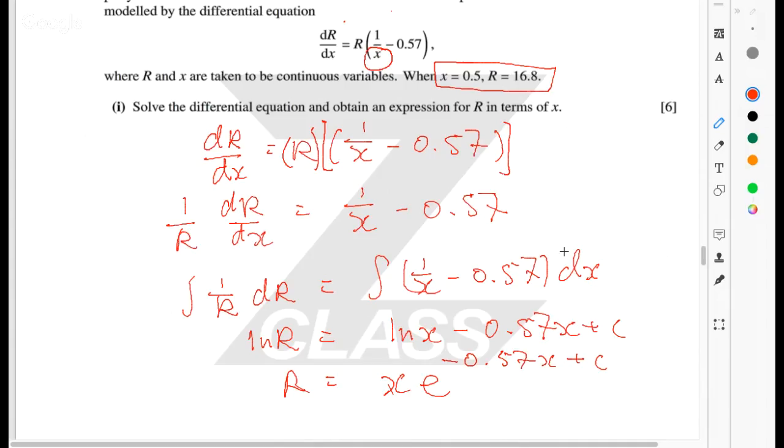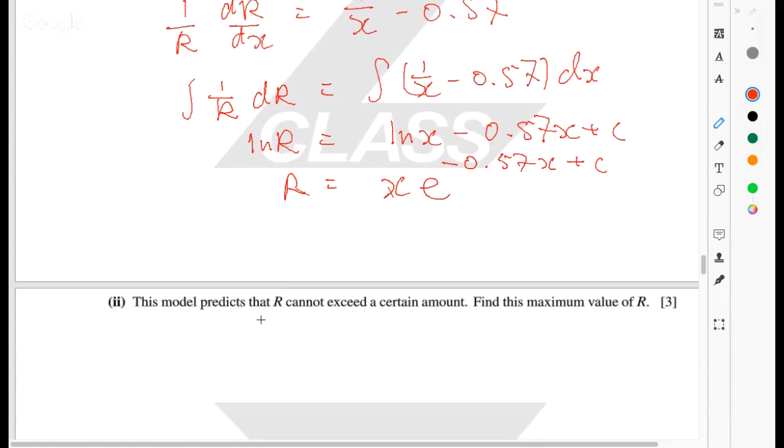And here we're just plugging in the condition that when x is equal to 0.5, r is equal to 16.8. And that can help us determine that c is equal to 3.8. So r is equal to x times e to the power of minus 0.57x plus 3.8.